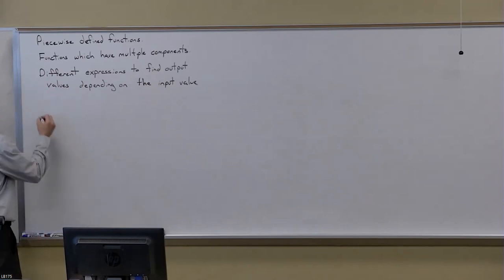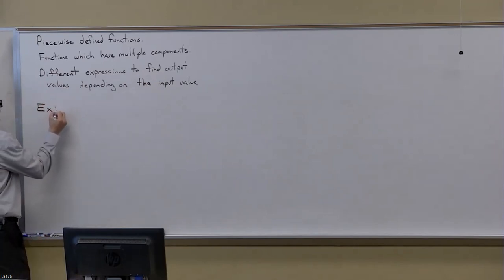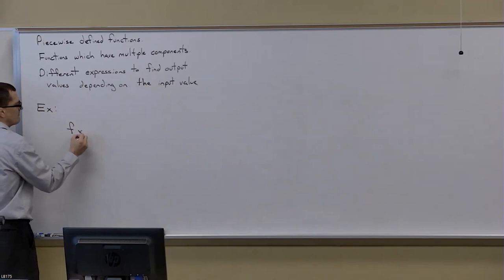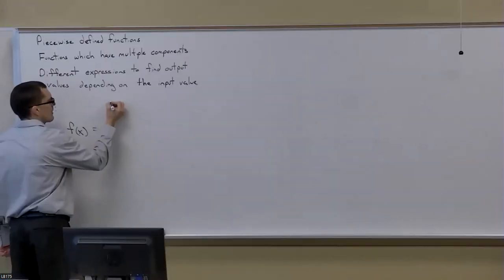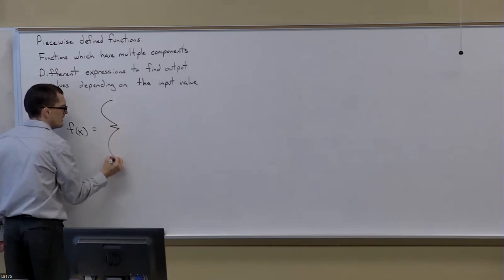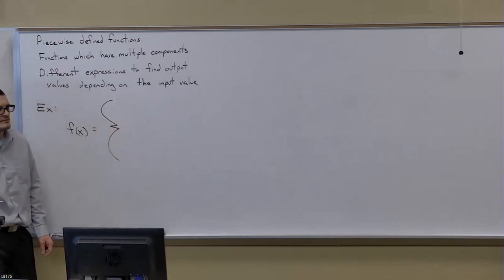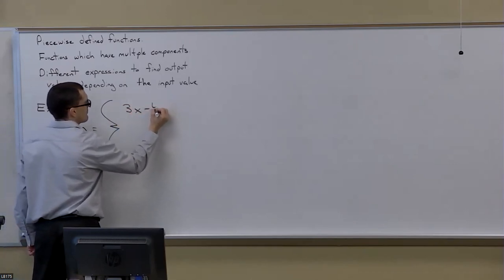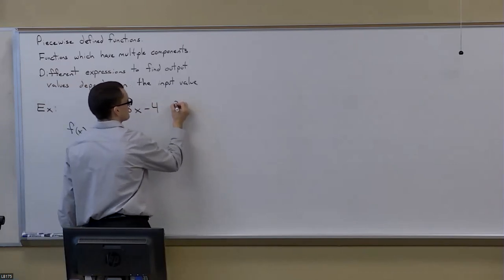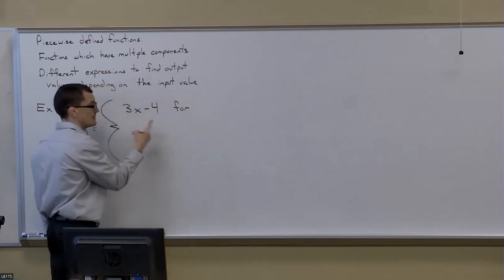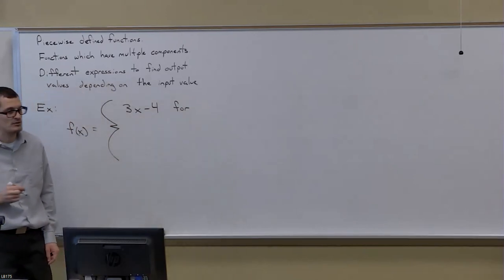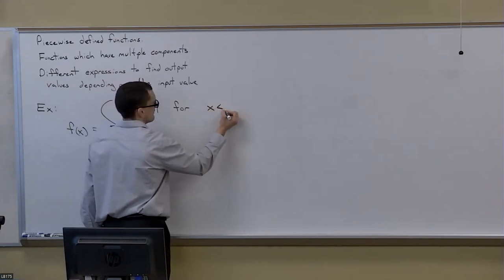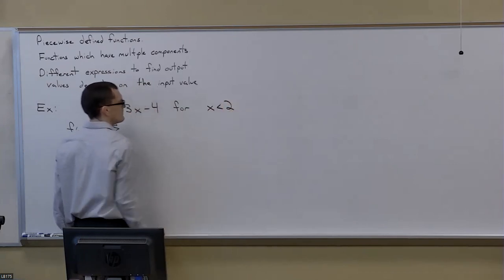Okay. So for example, I'm sure a lot of you have seen these things before, but let's define a function this way. Usually the notation is like a set bracket. And we'll have 3x minus 4. That's the expression I use to find the output value for all of the x values which are less than 2.